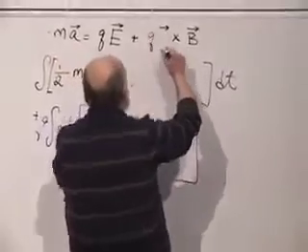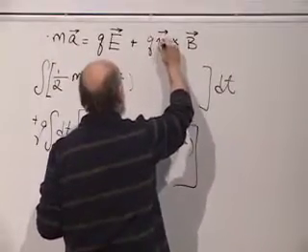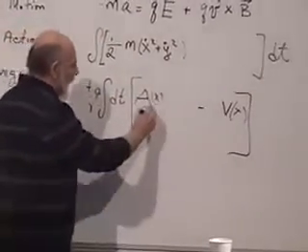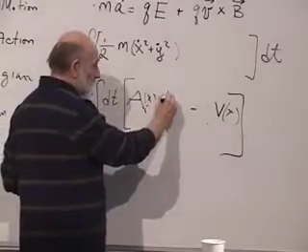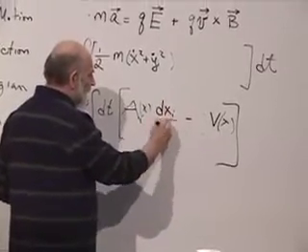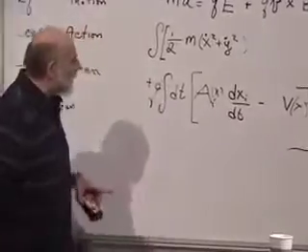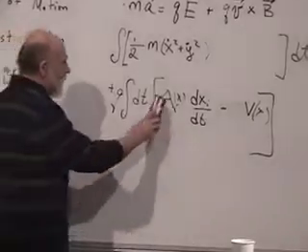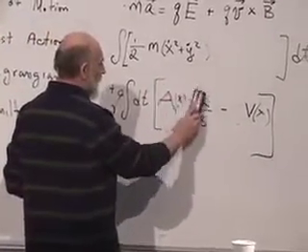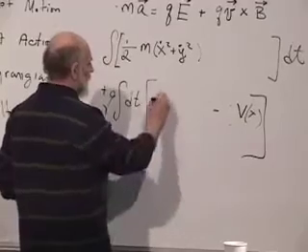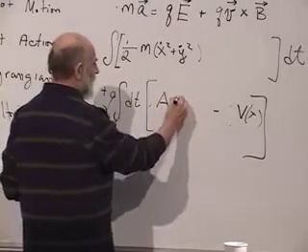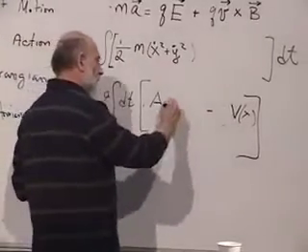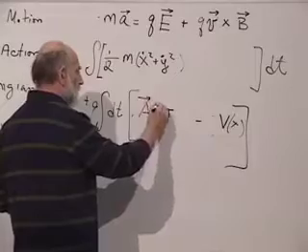Let's call this small v for velocity. A sub I dx sub I over dt can also be written as the dot product of the vector potential with the velocity. All right, so let's just call this A dot small v. And these are both vectors.